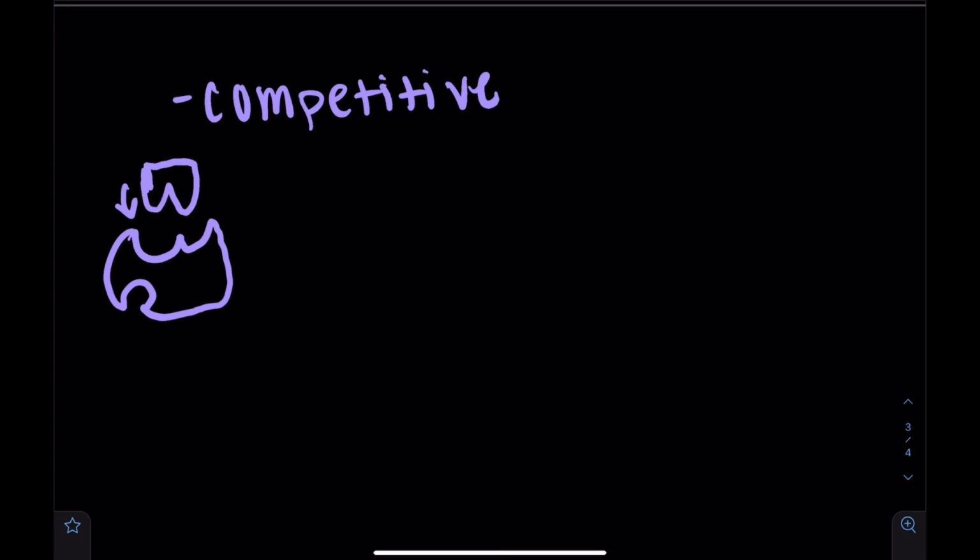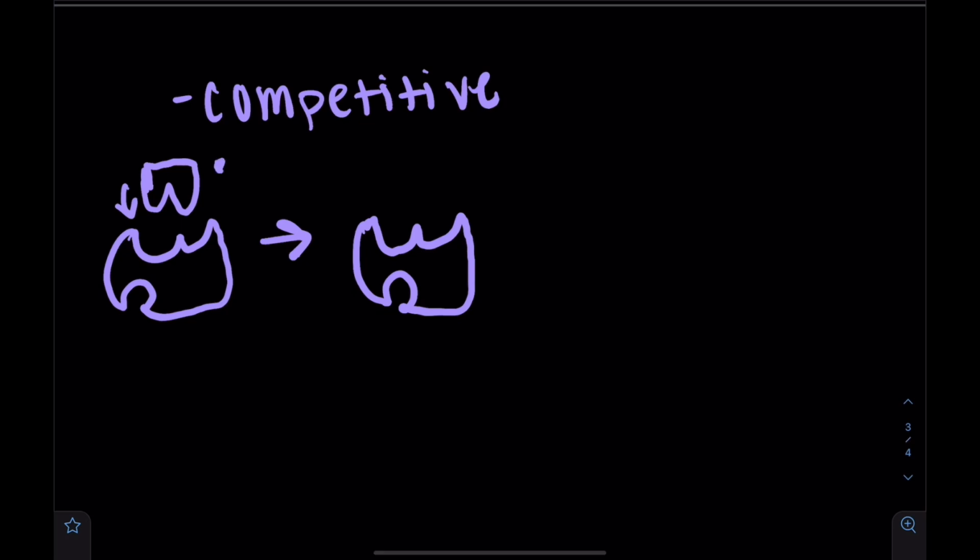All right, so moving over. Let me go ahead and draw out that same enzyme. Okay. So now if we have a competitive inhibitor, that is going to prevent our substrate from binding. It's essentially blocking that substrate from binding. So this shape that we have right here, it's no longer going to be able to fit over here.